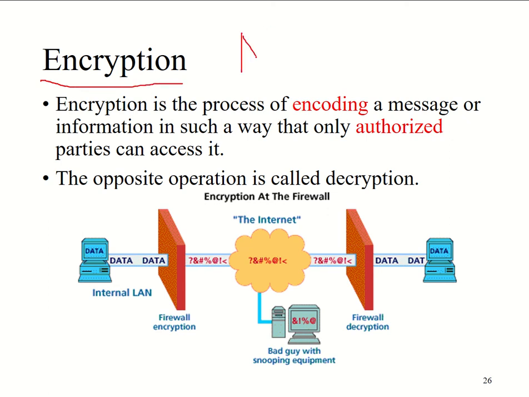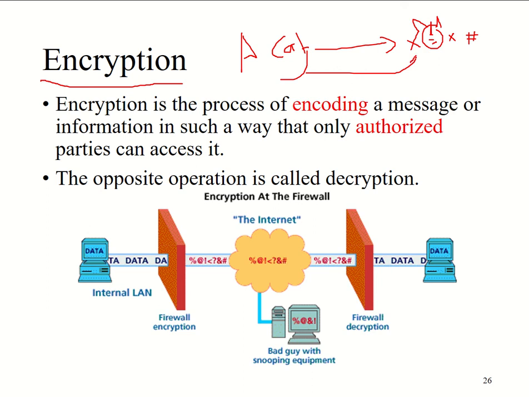So if you have a cat, for example, and you want to encode this, you could do it in a different way. You could encode it in this way. So this means, for example, cat. All right, this is encoding, changing from a readable sentence to an unreadable sentence.